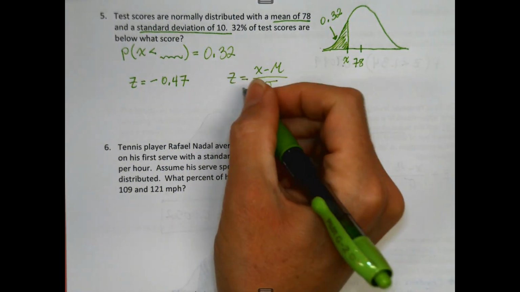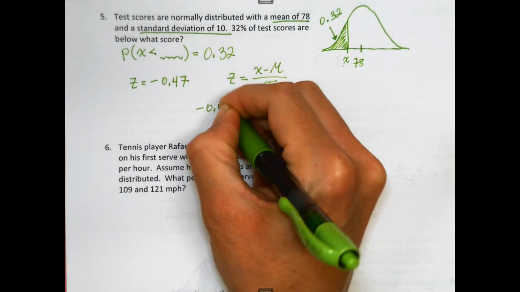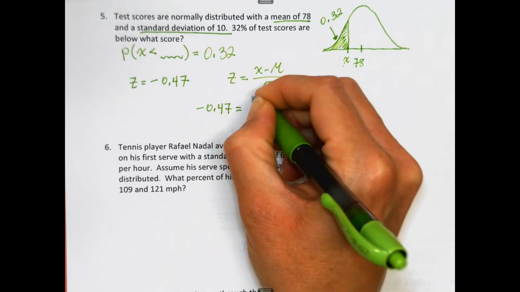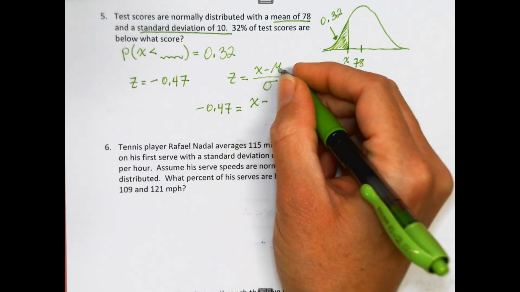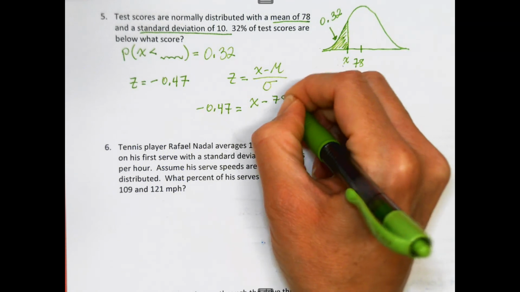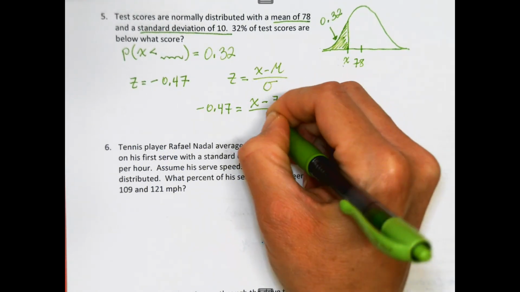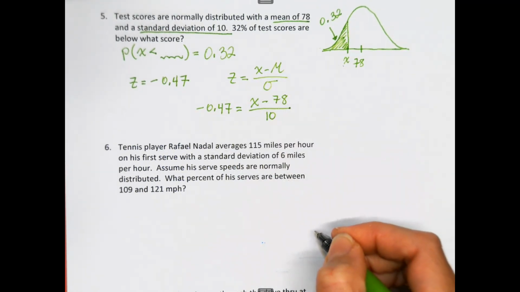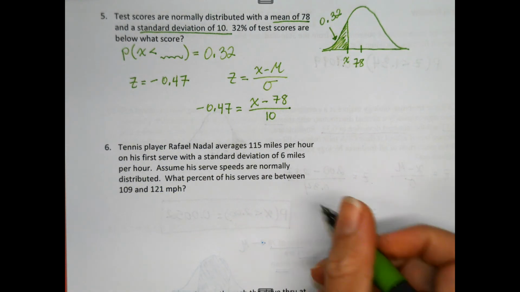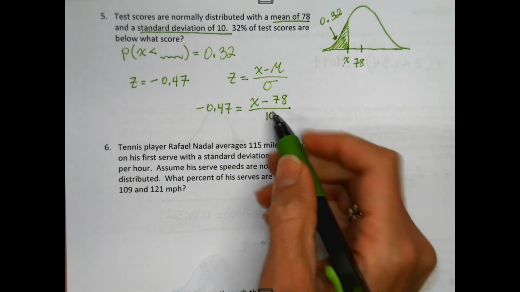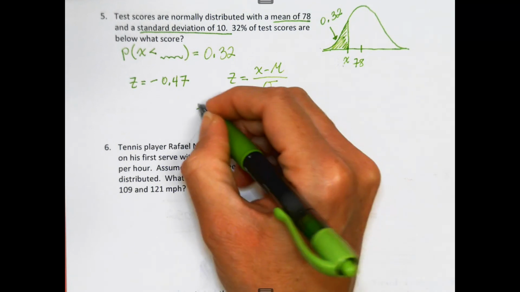I'm going to replace z with negative 0.47. I'm going to replace the population mean with 78 and the standard deviation with 10. Now we just have to solve. To get rid of the 10 in the denominator, we multiply both sides by 10.